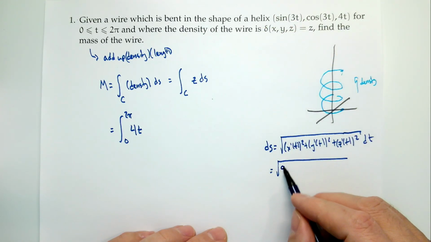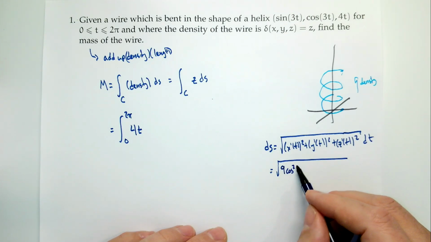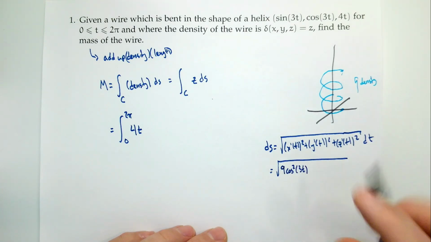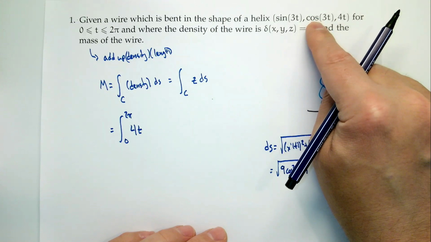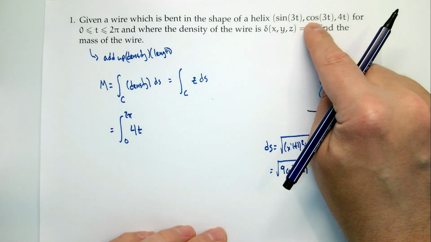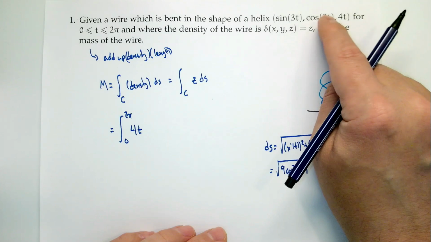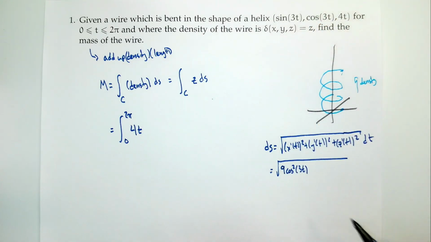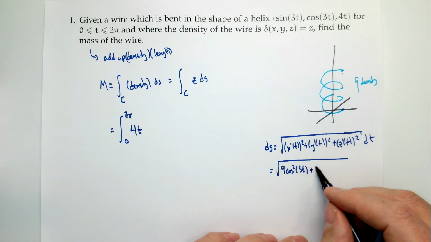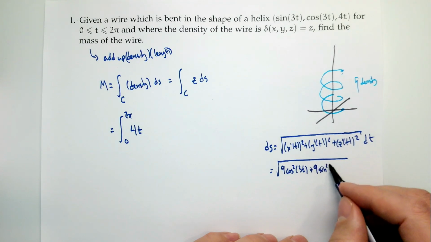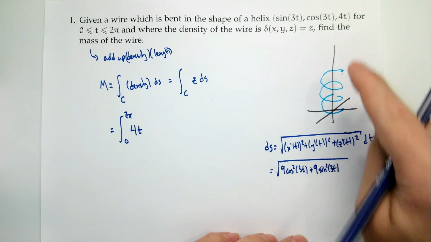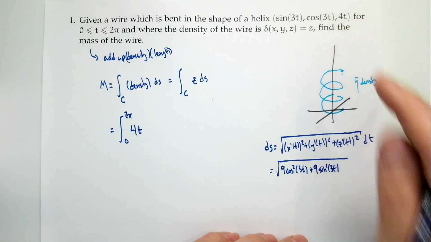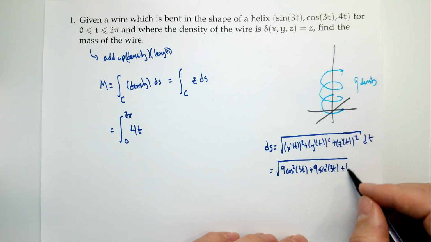So when you square that, that's going to be 9 cosine squared 3t. Derivative of cosine 3t will be negative sine of 3t, then times another 3, because there's a chain rule. So you square that, you'll get 9 sine squared of 3t. z prime, oh, that one's nice, 4. Square that, you get 16.